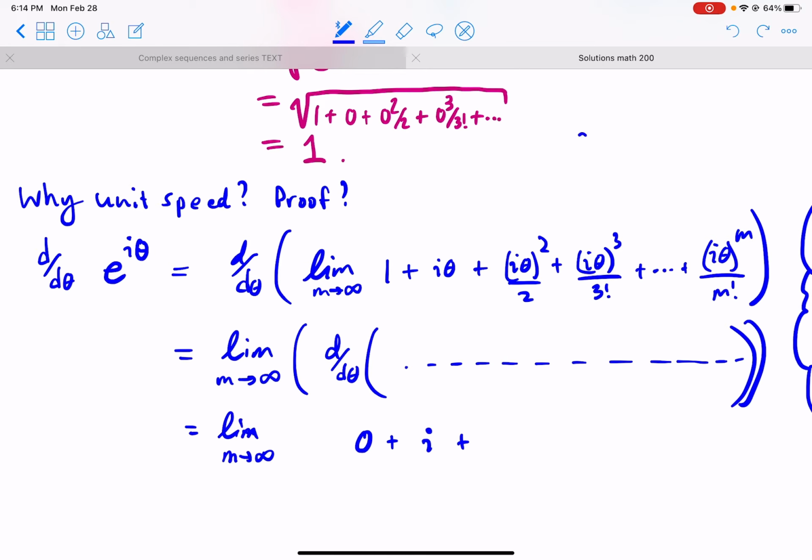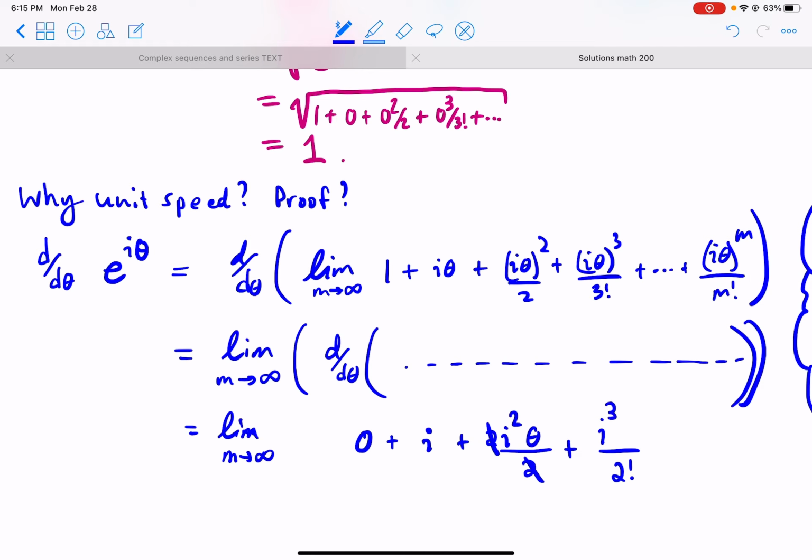Well, theta squared becomes a 2 theta when we take the derivative. Everything else hangs out. So in particular, the i squared hangs out. The theta becomes a 2 theta and cancels the 2 down here. Okay. Over here, similarly, we get a 3, canceling that 3, leaving a 2 factorial. So this 3 factorial becomes a 2 factorial.